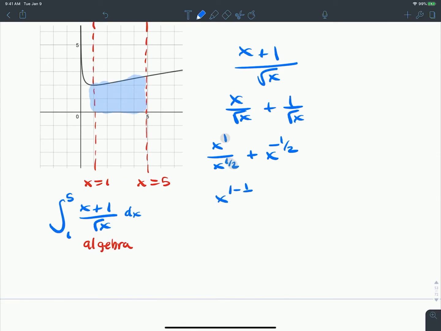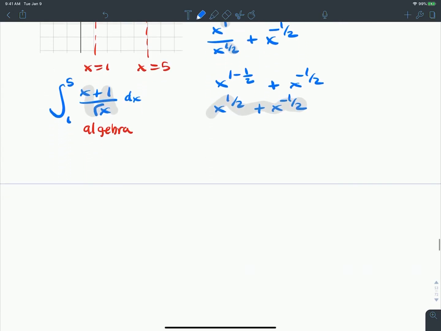X to the 1 minus 1/2 plus x to the minus 1/2 gives us x to the 1/2 plus x to the minus 1/2. This is what's going to be replaced over here. So you integrate from 1 to 5, x to the 1/2 plus x to the minus 1/2 dx.